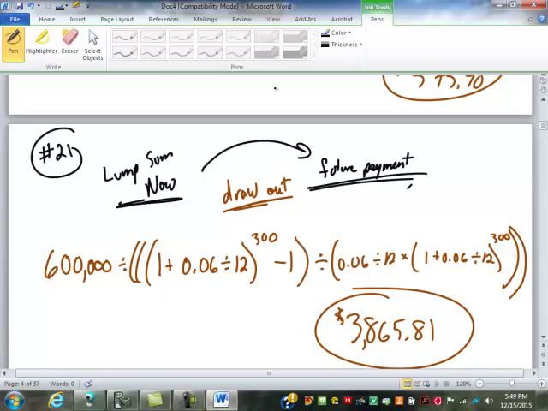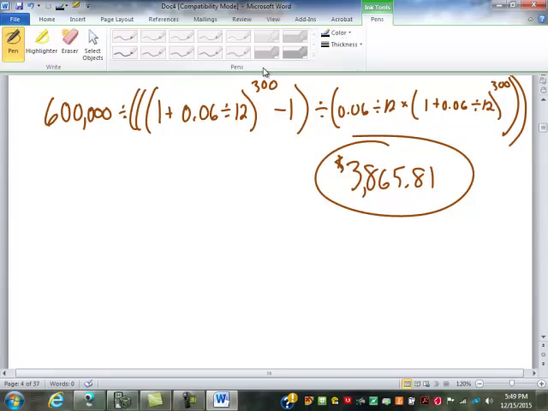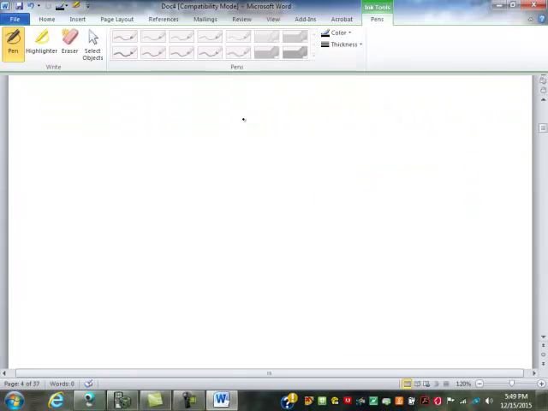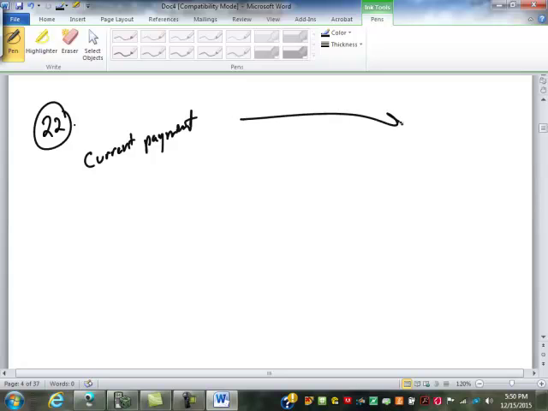Now for 22 and 23, we're just going to identify what types of problems we have. For number 22, if Ted puts away $250 a month for the next 35 years, how much will he have? Right now, he knows a current payment. He wants to know that future lump sum.